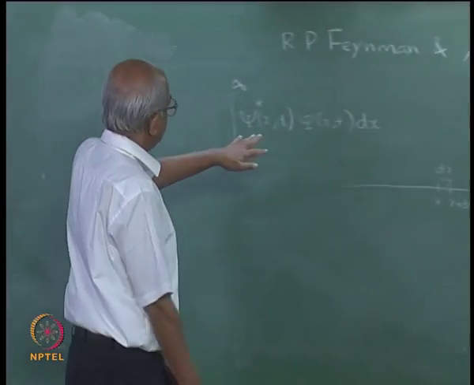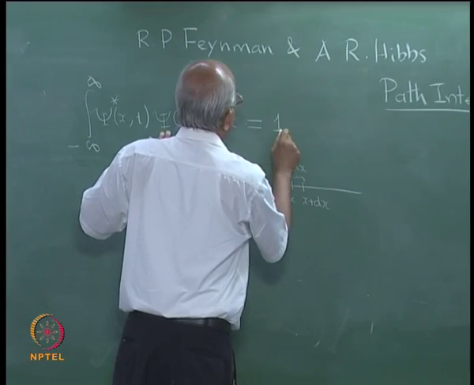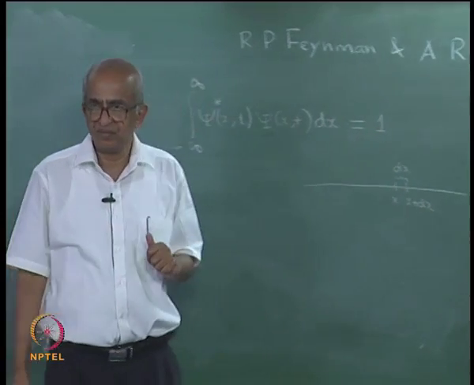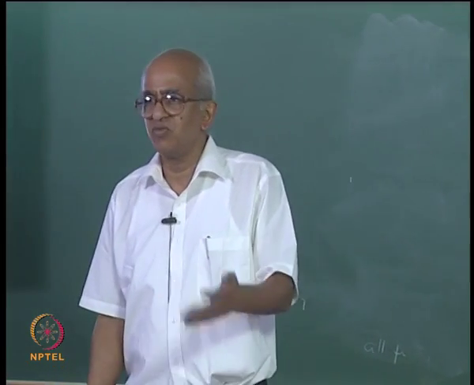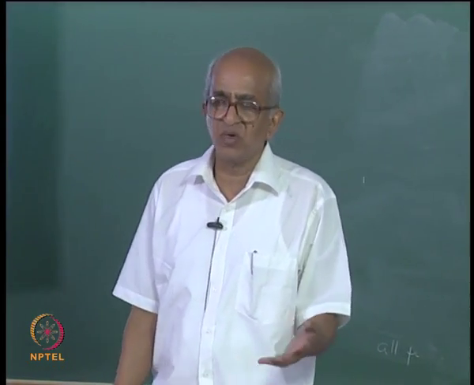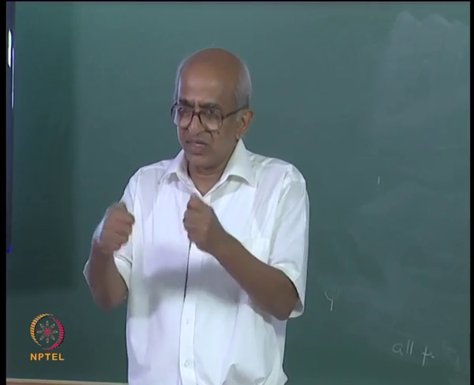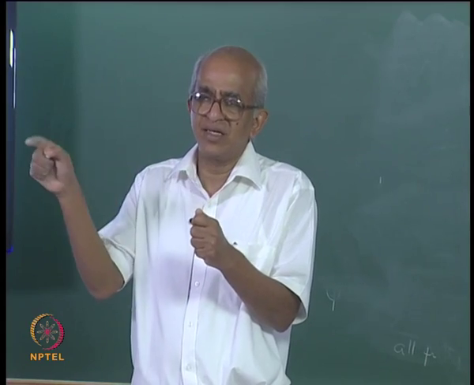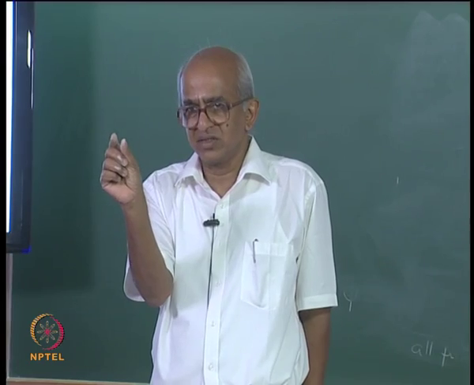So, my state function or my wave function should be such that this integral must be equal to unity. This is a condition that my state function would have to satisfy, otherwise I am going to say that it is not acceptable, because I am postulating that psi star psi dx must be the probability that it is in a small length dx.